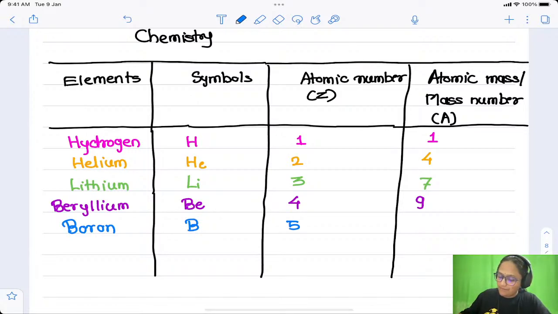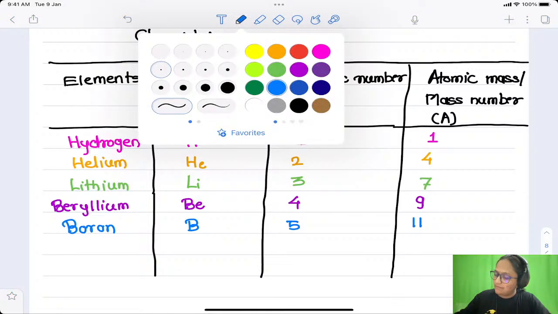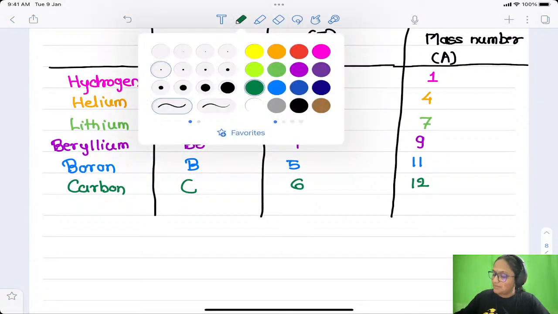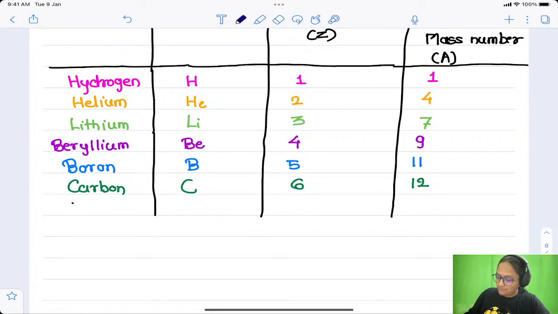Atomic number 5, mass number 10.8, so 11. Then next is carbon. Symbol is C, atomic number 6, mass number 12. After carbon, next is nitrogen. Symbol is N, atomic number 7, mass number 14.